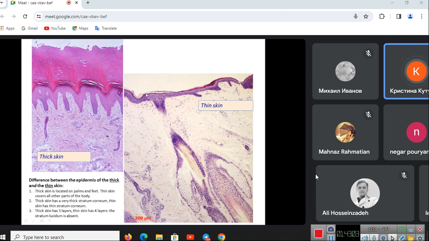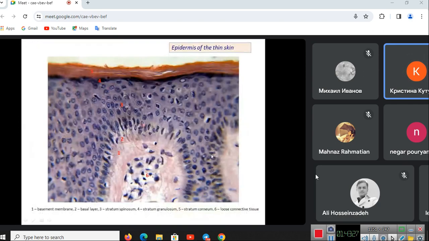It is very thin in thin skin. Also in thick skin we have stratum lucidum, and we have no stratum lucidum in thin skin. In the preparation of thin skin, we also look at the sebaceous glands, which are located here. Sebaceous glands you have studied before.